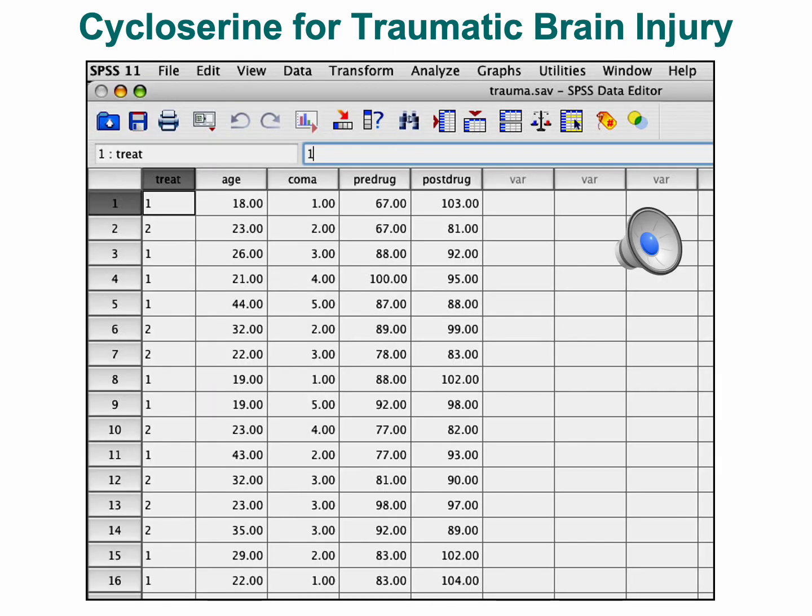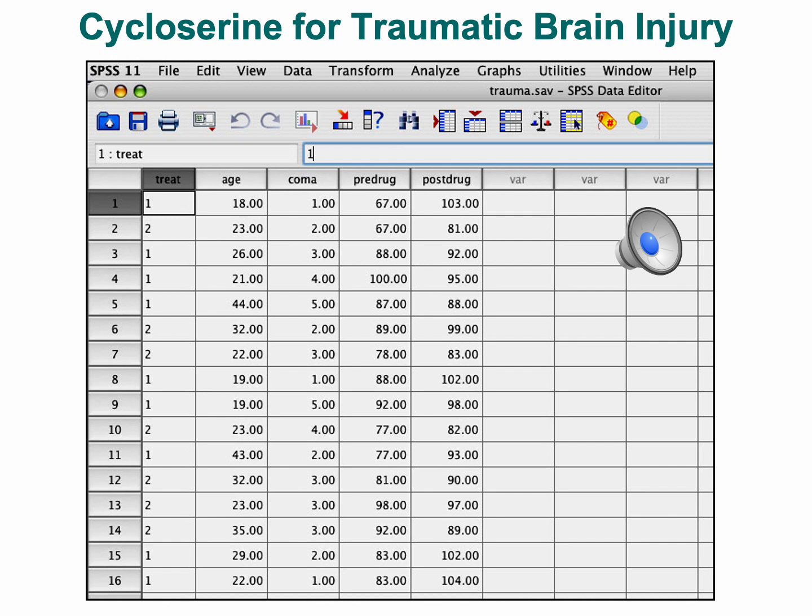Okay, this is what the data should look like when you open it up in SPSS. Again, if it doesn't look like this, you have trouble opening the data file, then you've got to check you have the right version of SPSS and so on. But when you download the trauma.sav file and double-click on it or open it up in SPSS directly, you should see the data like this with the treatment variable.